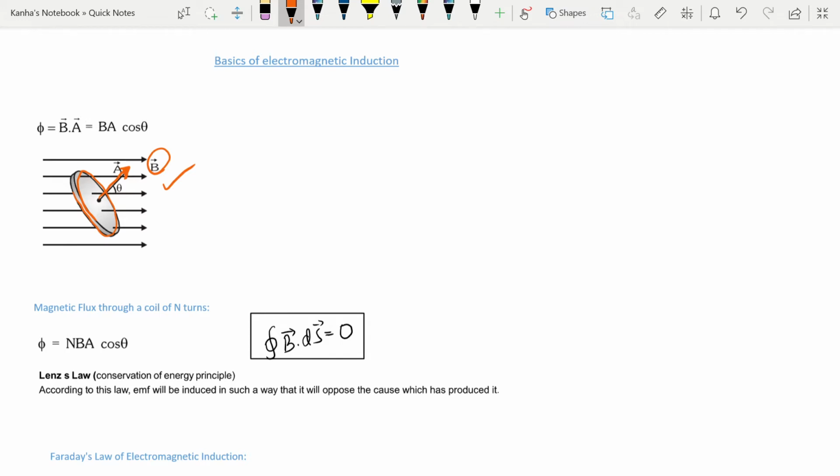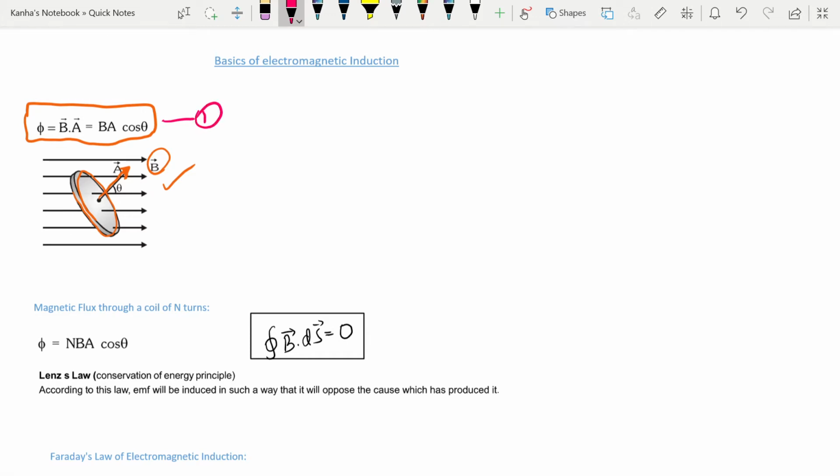What we find is the net magnetic flux in the system is equal to the number of magnetic lines of force passing through the area, and to do that we use the simple formula, which is a dot product of my magnetic field and the area vector, which turns out to be BA cos theta. This is the first important formula that you should remember from here.